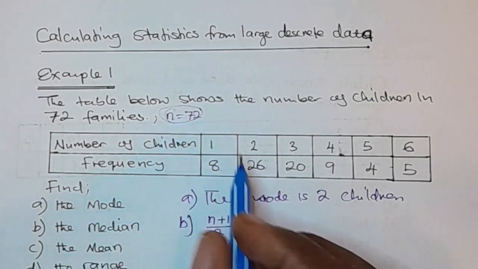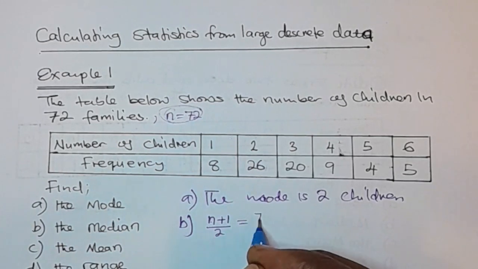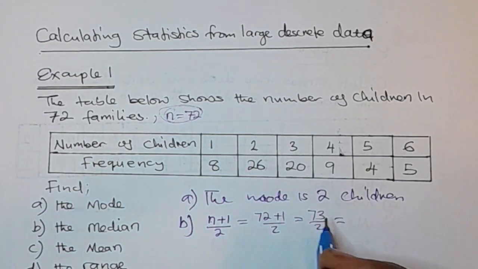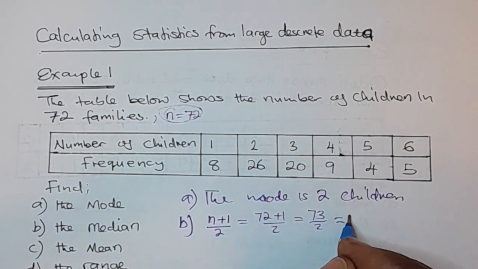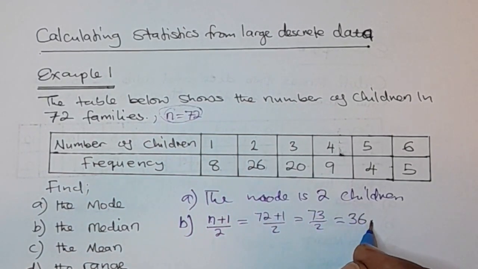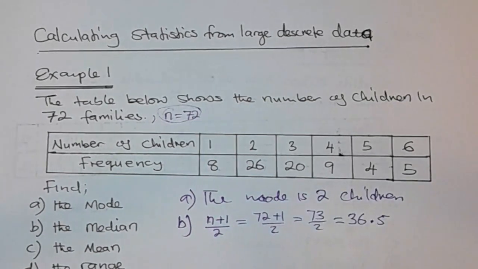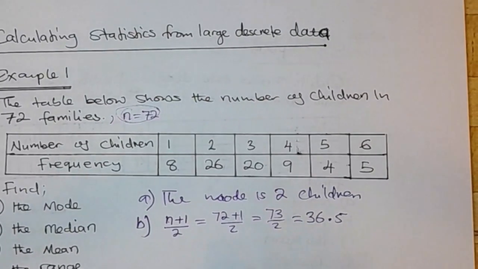N is 72, so we are looking at 72 families. We have 72 plus 1 over 2, which is 73 over 2, which gives 36.5.